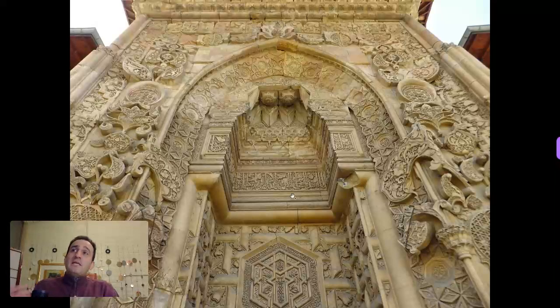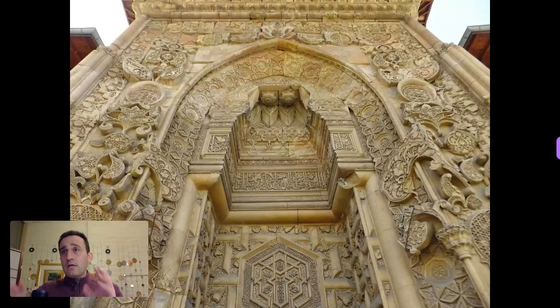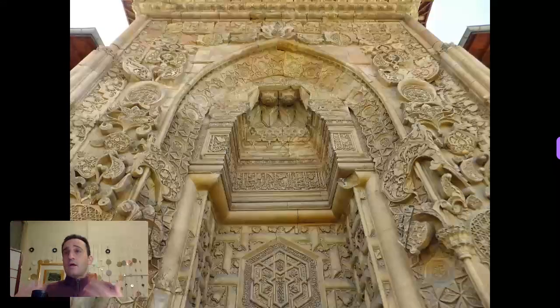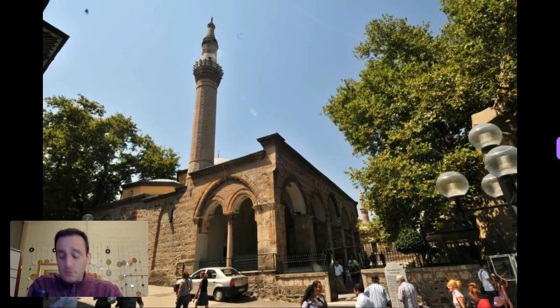And I see here the beginnings of this notion of the mukarnas, which is definitely a unique thing in Islamic architecture. That's one of their contributions or inventions, I would say. I see this as the starting point or the jumping off point of that notion, which, as I mentioned, comes from the Seljuk tombs.